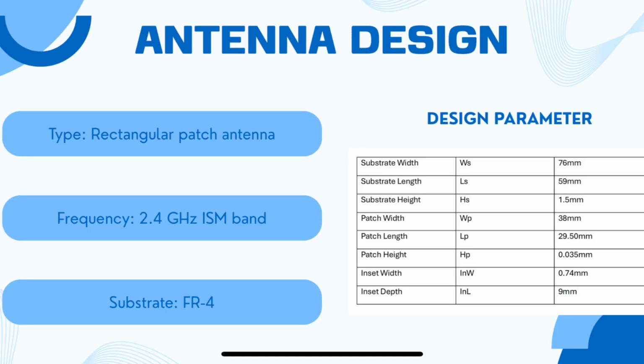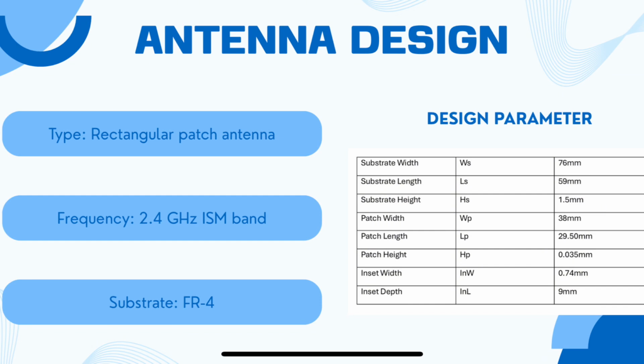Next, I will briefly present the antenna design. We use a rectangular patch antenna design for the 2.4 GHz ISM band. We use FR4 as the substrate due to its low cost and availability. The substrate size is 76 by 59 mm with a height of 1.5 mm.